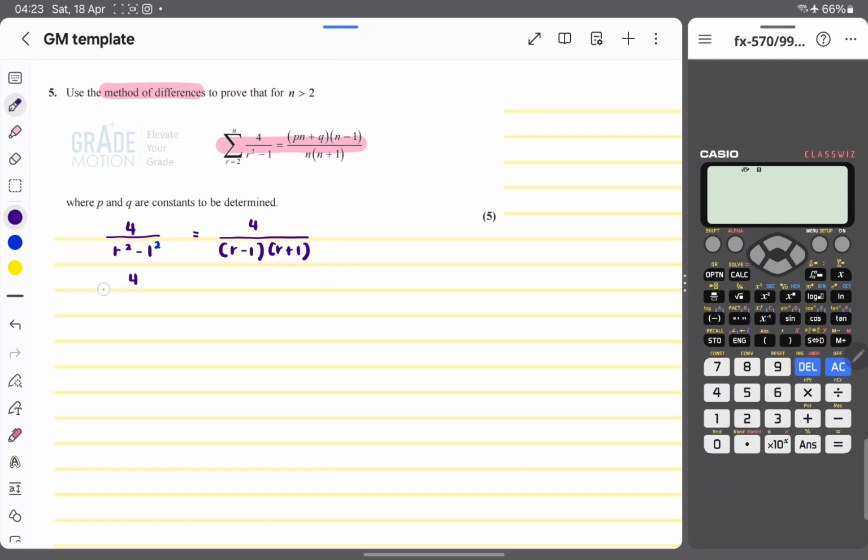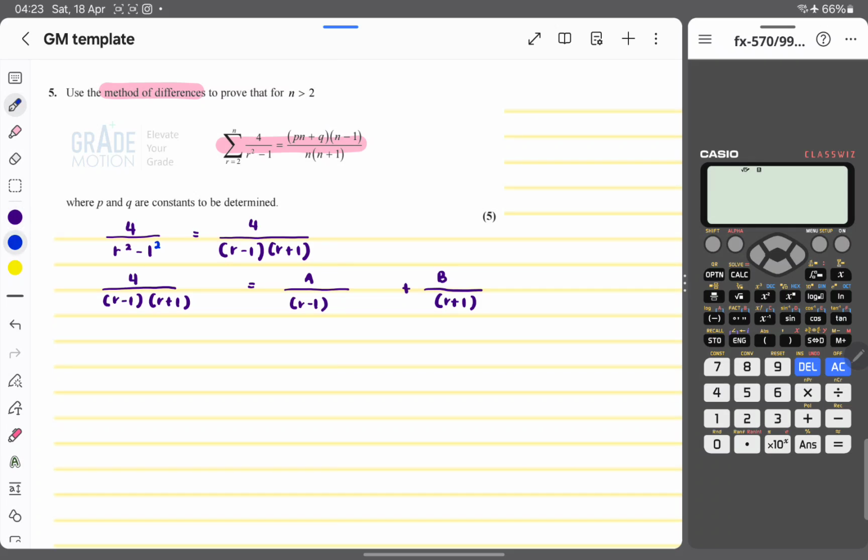So 4 over (r minus 1)(r plus 1) is equal to a over r minus 1 plus b over r plus 1. So this is our partial fraction.